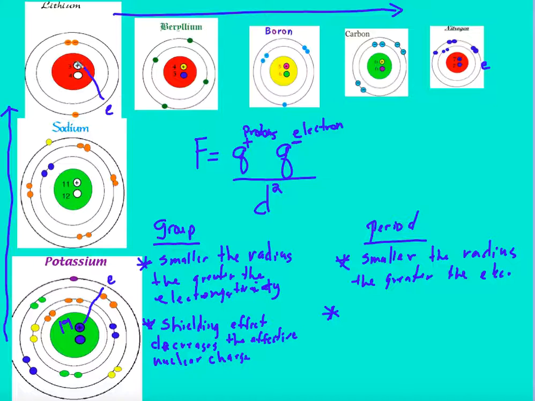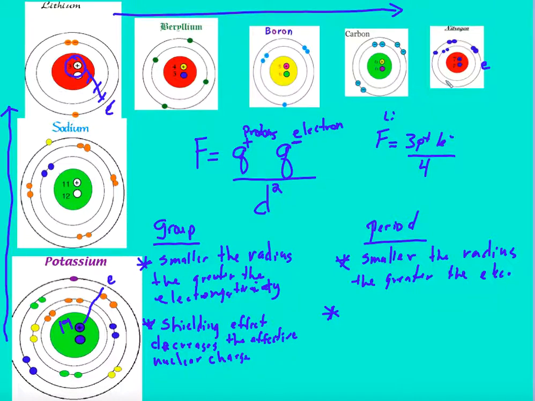Look, lithium has 3 protons, and so you could substitute in a 3 there. So for lithium, we could put in 3 protons, 1 electron that we're trying to attract, divided by the distance. We could just make up a number, whatever units this would be. So we're going to say there's like 4 units for lithium.